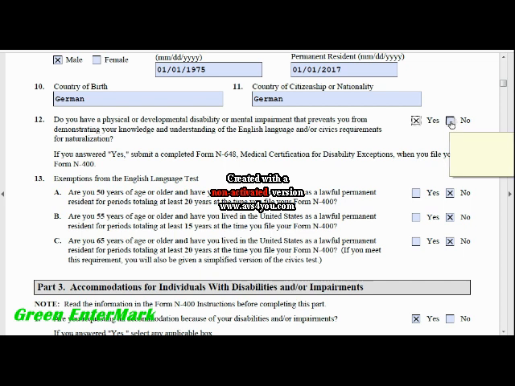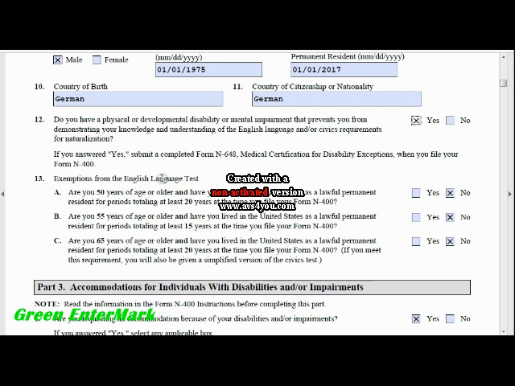If you say yes, then you submit a completed Form N-648, Medical Certification for Disability Exceptions, when you file your Form N-400. Okay, an exception from the English language test.